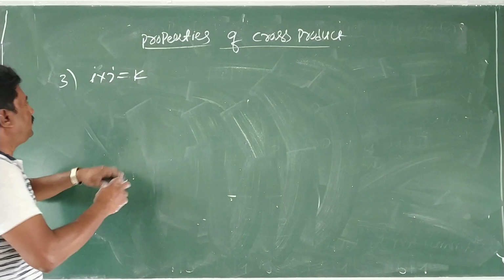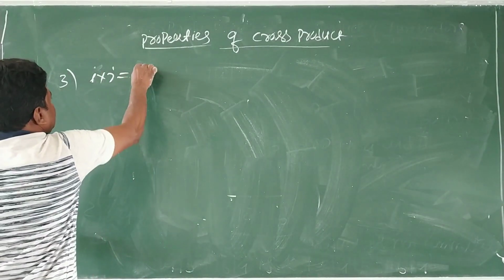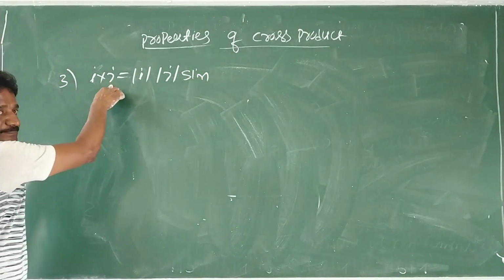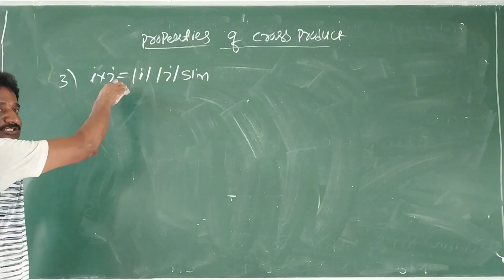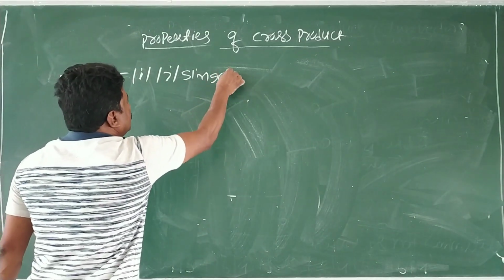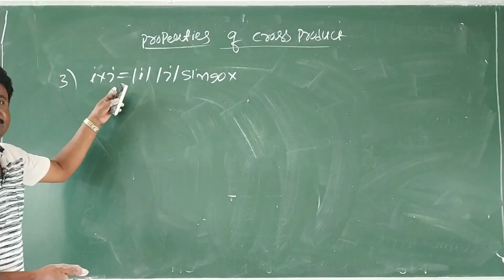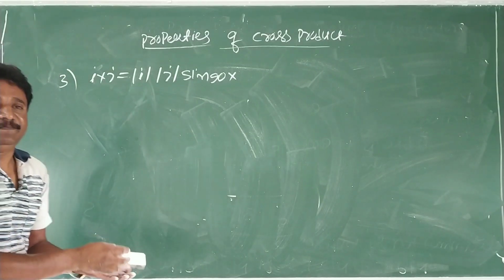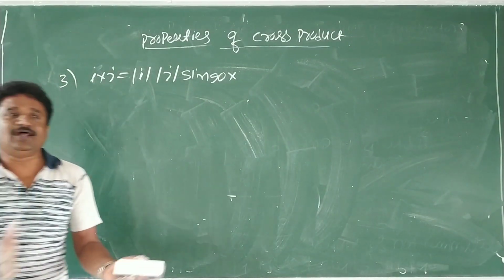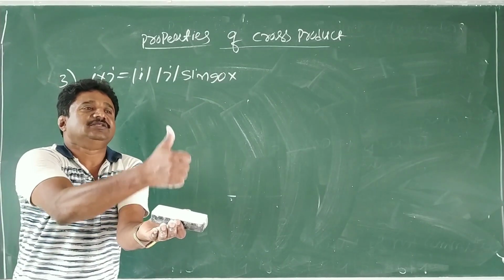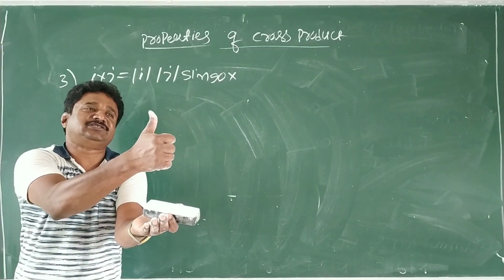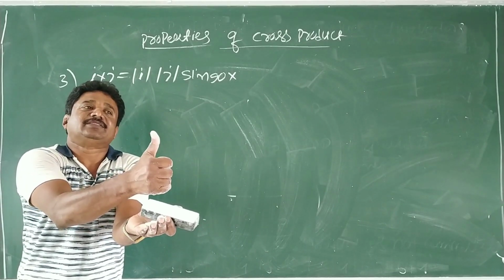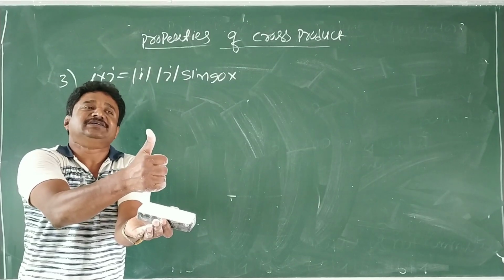According to the definition, length of I, length of J, sin 90. Now tell me the unit vector along I cross J. It should be along the Z-axis: curling from the X-axis to the Y-axis, the thumb is directing towards the Z-axis.